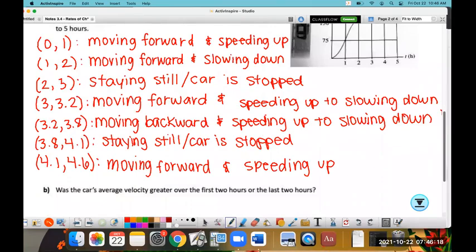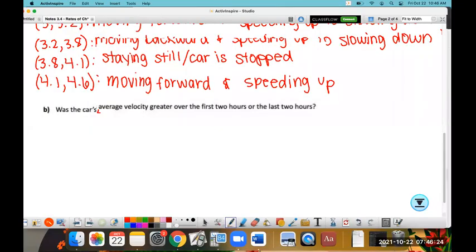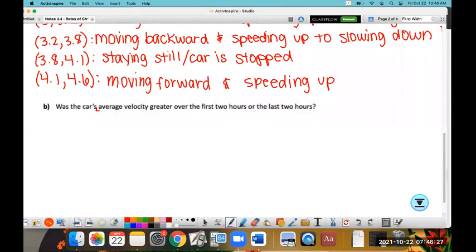Was the car's average velocity greater over the first 2 hours or the last 2 hours? So average velocity, again, that's going to measure the change in position over the change in time, which we can visualize by looking at the slope of the secant line over those 2 hour intervals.